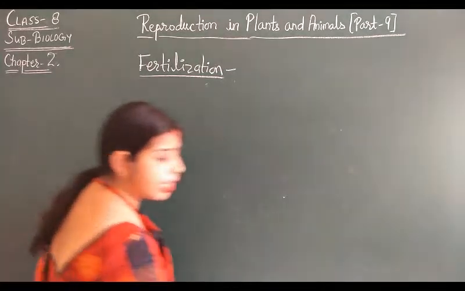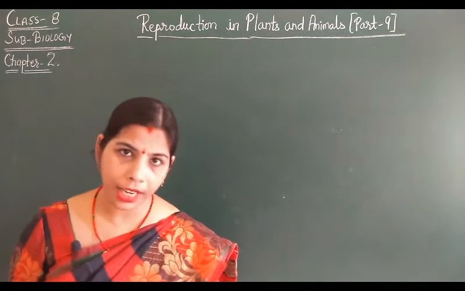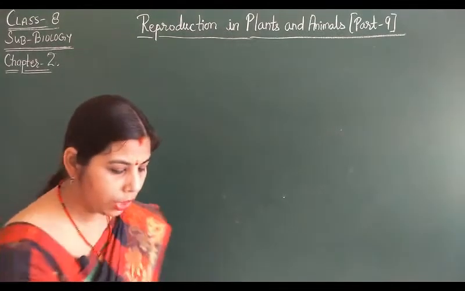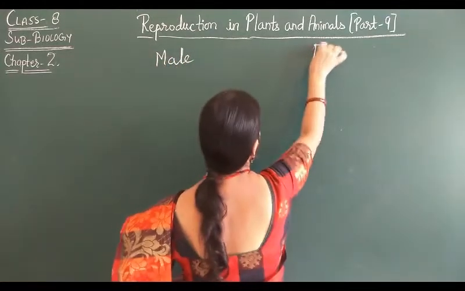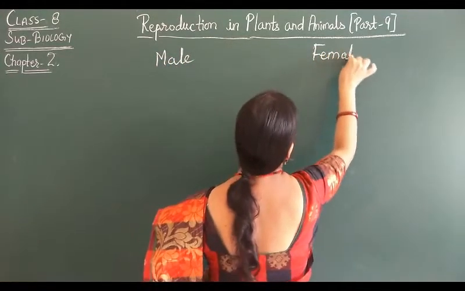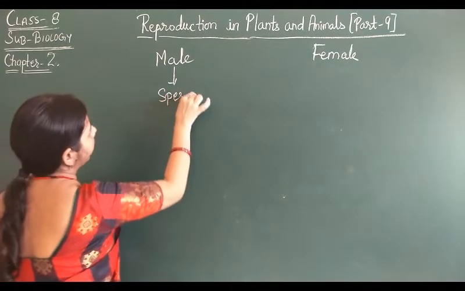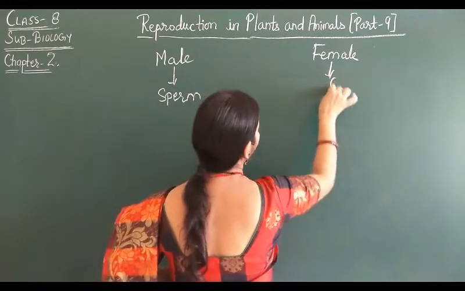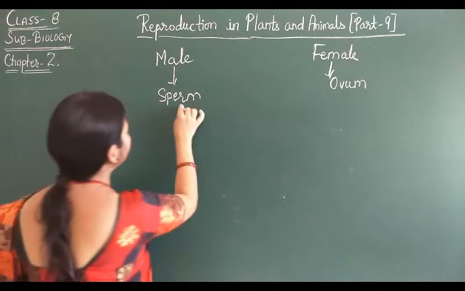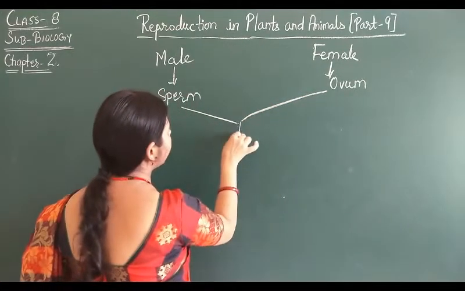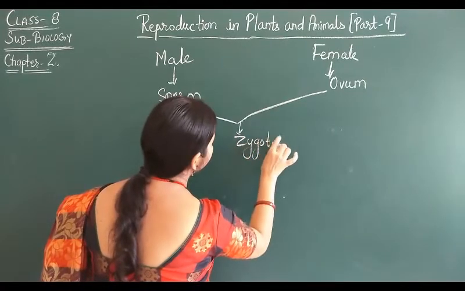Now the steps involved in fertilization, I told you previously, but again I am going to tell you those steps. The male produces sperm, and the female produces the ovum. These are the gametes. When both the gametes fertilize, they form the zygote, which is a one celled structure.